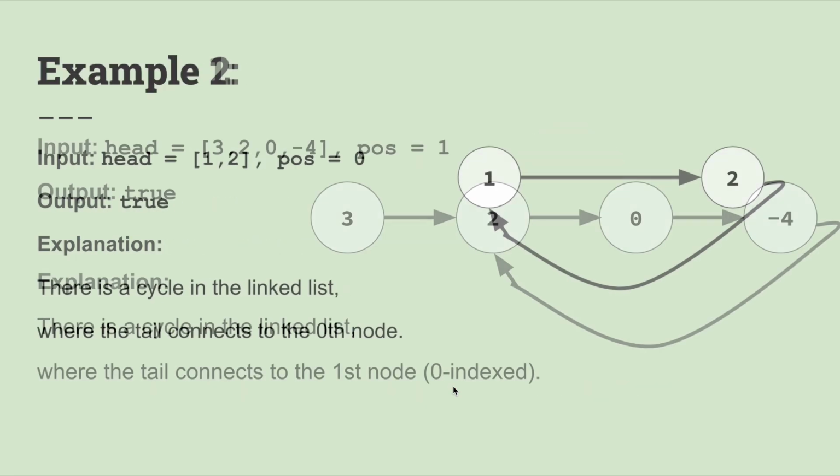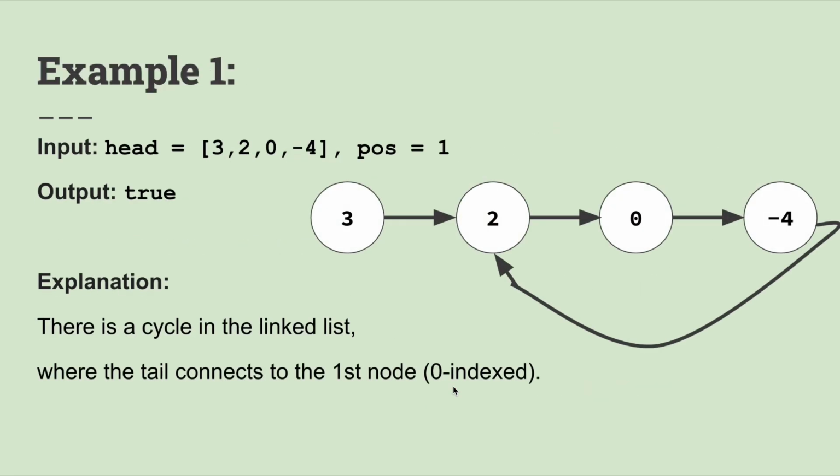Coming back to the example first. Why am I coming back to the example? Because you have to understand the example. Let's look at the example again. We have been given head 3 2 0 -4, and the position given is 1. Here at position 1, the tail connects to the node at index 1.